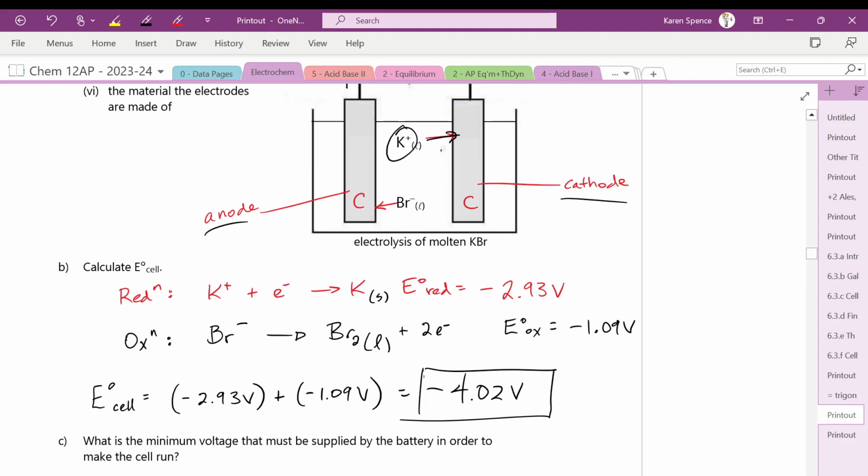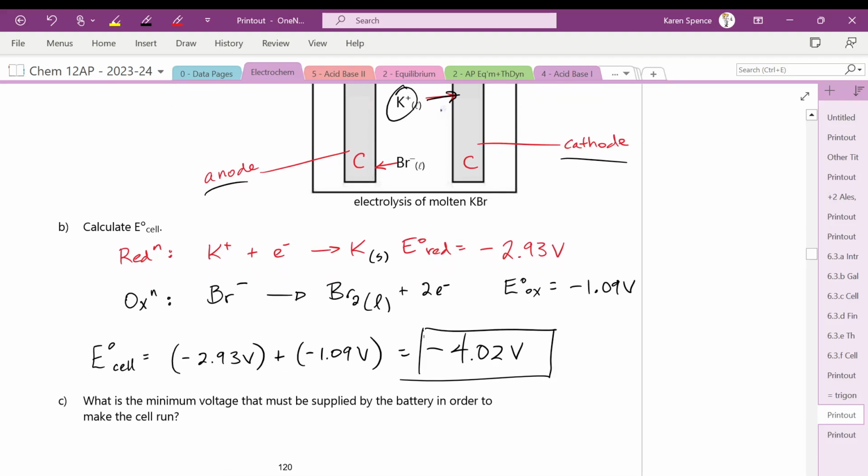So now, what is the minimum voltage required by the battery or the DC power supply to make this cell run? Greater than positive 4.02 volts.